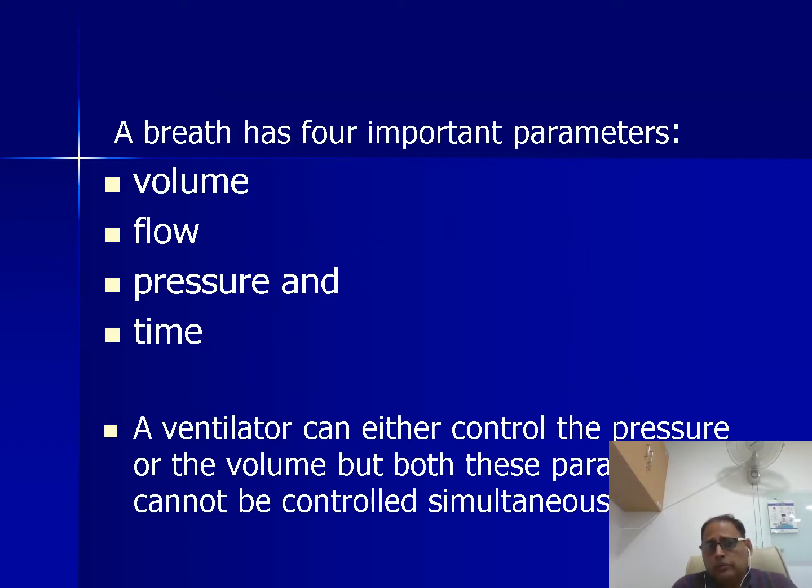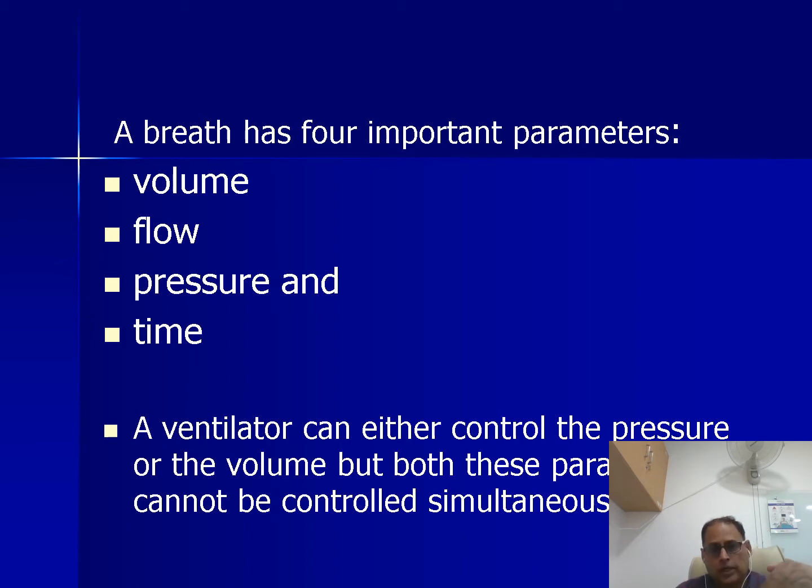Now, a mechanical breath has four properties or four parameters. The first is the volume. Usually when we talk about volume, we talk about the tidal volume which is delivered. Then flow, this is the flow which is actually delivered into the airways and the lungs.